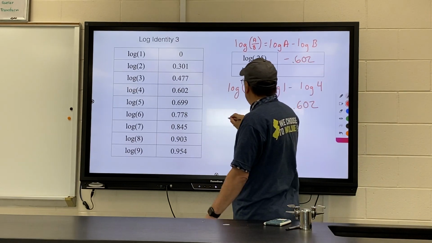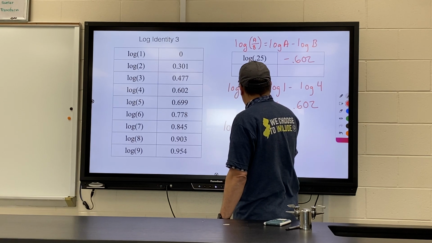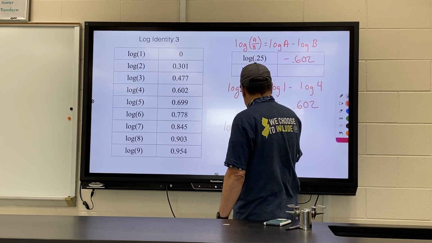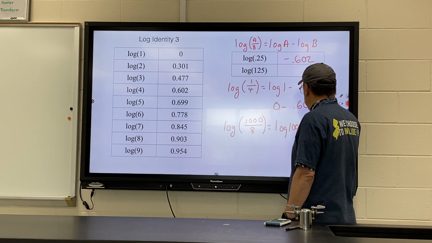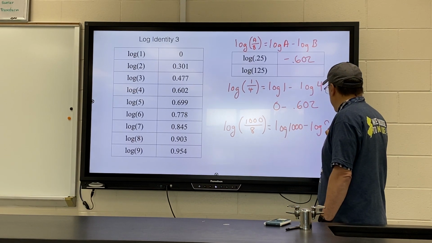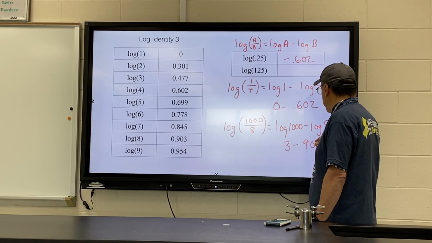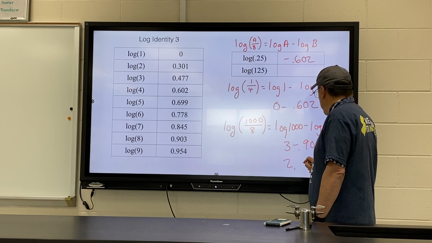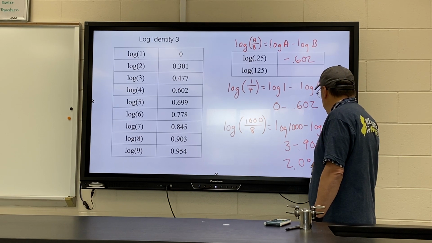This one's a little hard to envision, but we can have that as 1,000 divided by 8. Log of 1,000 minus the log of 8. 3 minus 0.903 is 2.097.